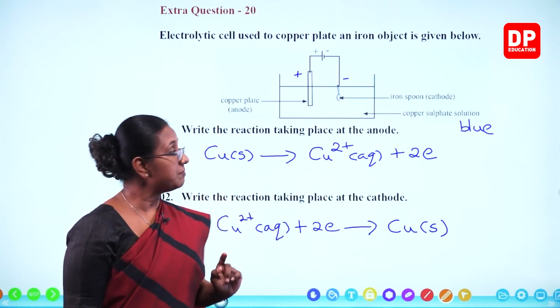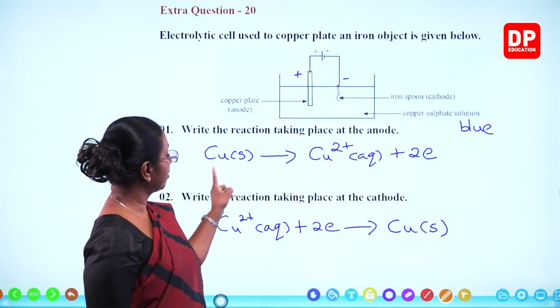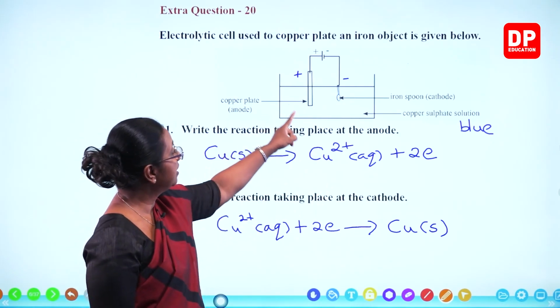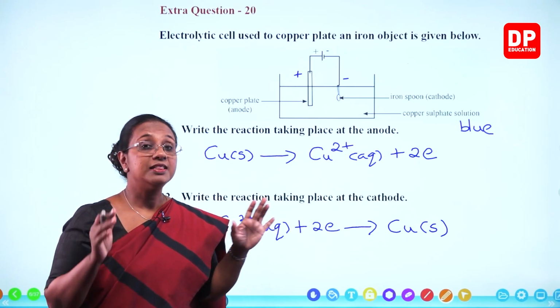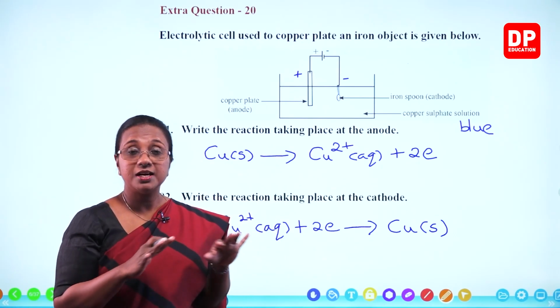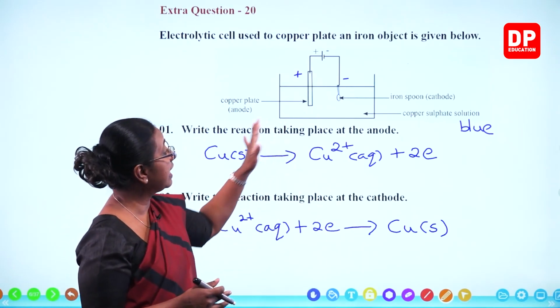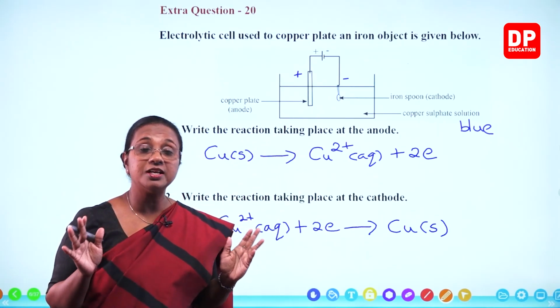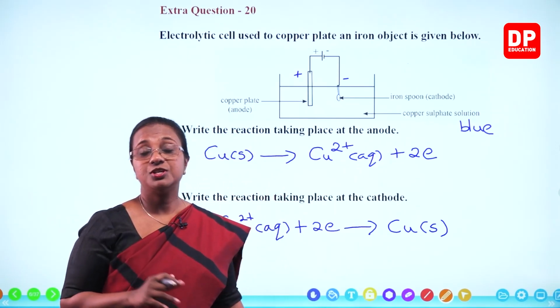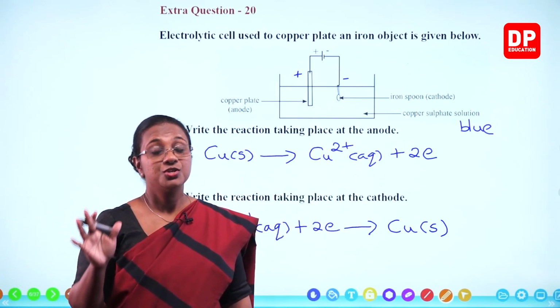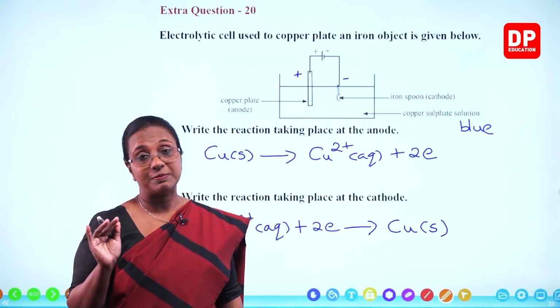But at the same time, the copper plate dissolves. It undergoes oxidation, providing Cu2+ ions to the solution. Therefore, the concentration of copper ions in the electrolyte solution does not change. Because of that, the blue color of the solution does not change. That is something you all have to remember, students.